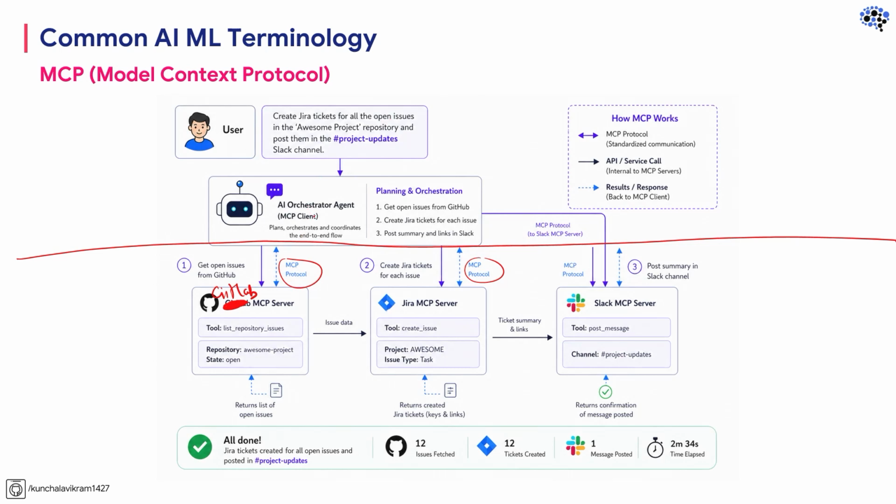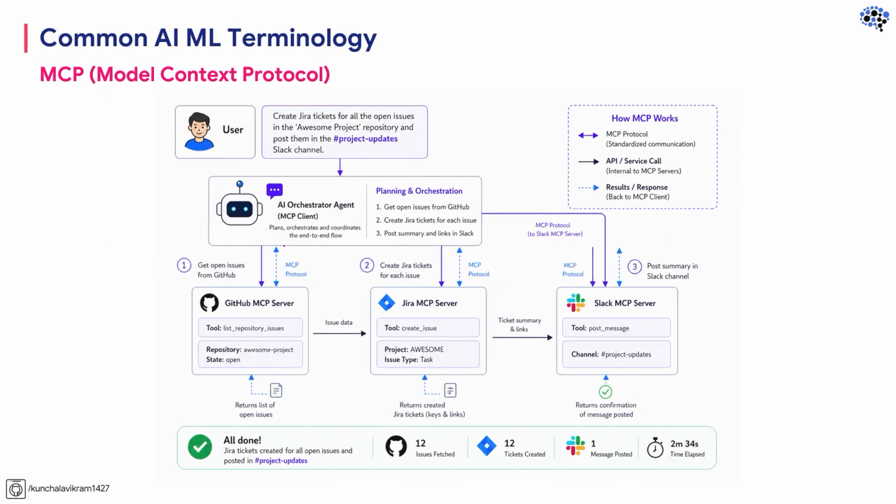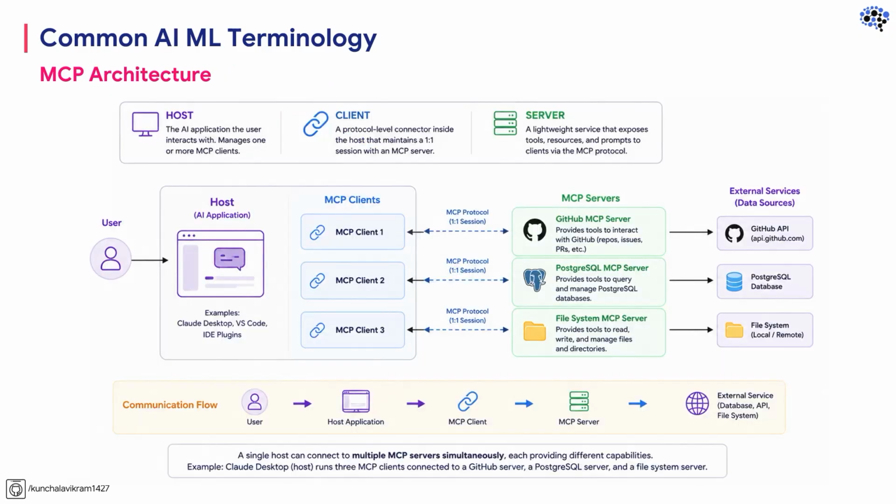So the AI orchestrator need not have anything related to GitLab. All it has to do is know which MCP servers are connected, and the client will do the rest. The AI agent knows which MCP servers there are and what features or tools they expose, and all that stuff is known to the agent.